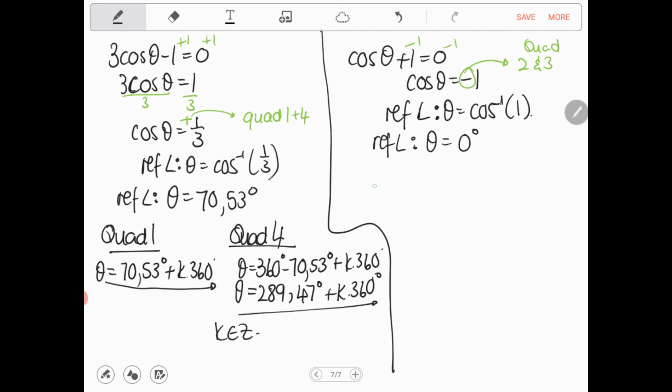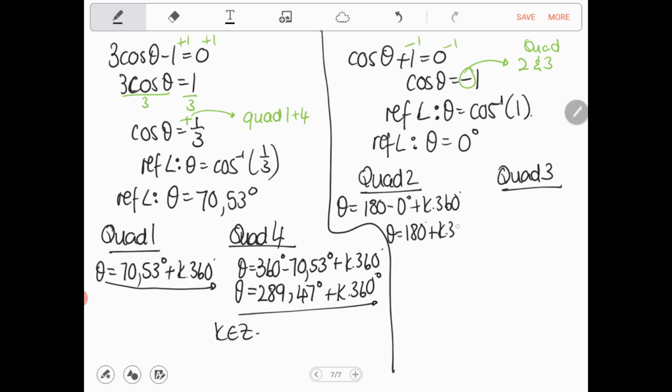And which quadrants are we working in? We're working in quadrant 2. And we're working in quadrant 3. Okay, quadrant 2 is 180 minus your reference angle. So that's going to be 180 plus k lots of 360.